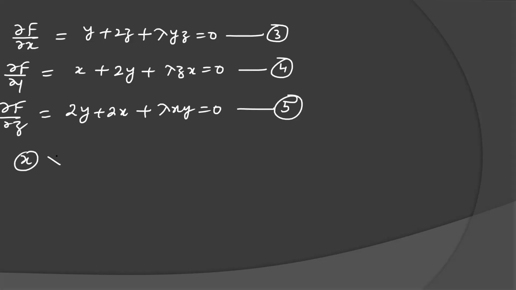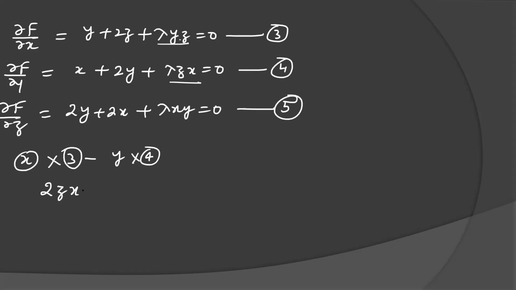Now multiply x in 3, because you can see that this is lambda yz, this is lambda zx. If you multiply x here and y in 4 and you subtract it, you will get some good result. The lambda xyz is cancelled out. Very good.